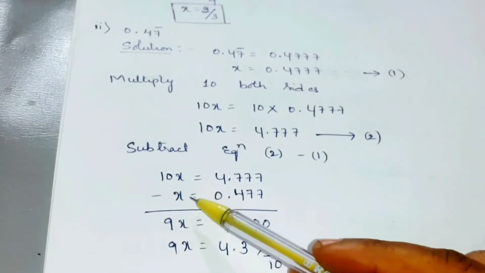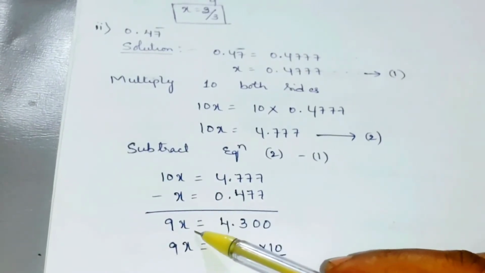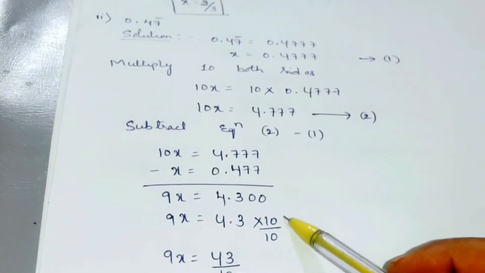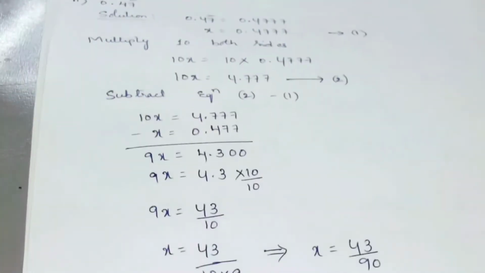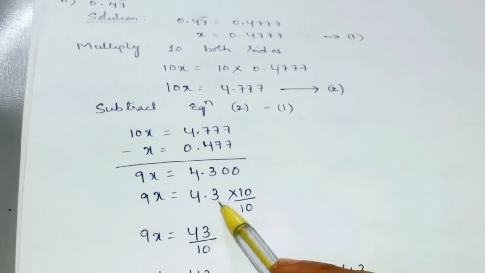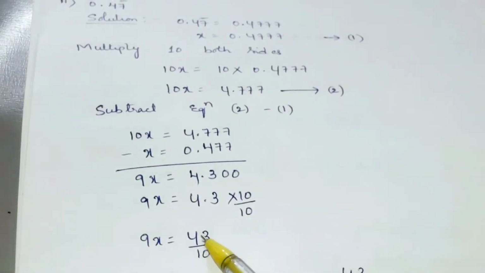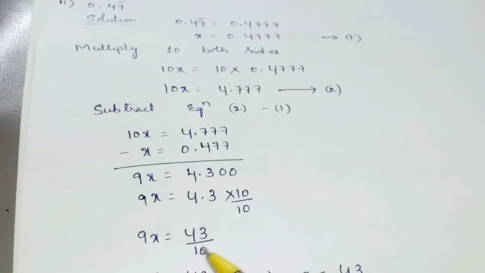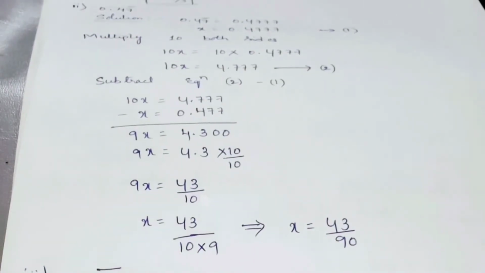Here 10x minus x is 9x. Now I'll multiply and divide by 10. 9x is equal to 4.3 into 10 is 43, and 10 as it is. Then x is equal to 43 by 9.